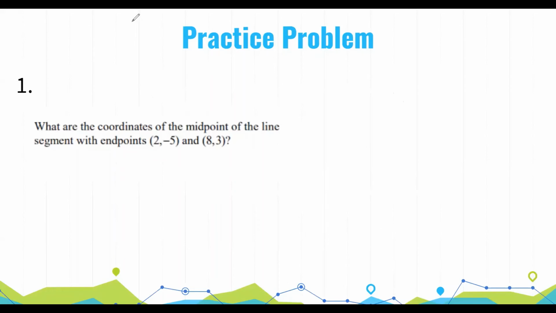It's basically the same question as the one Jai just showed us, but with different numbers. There are two x values, 2 and 8, and two y values, -5 and 3.